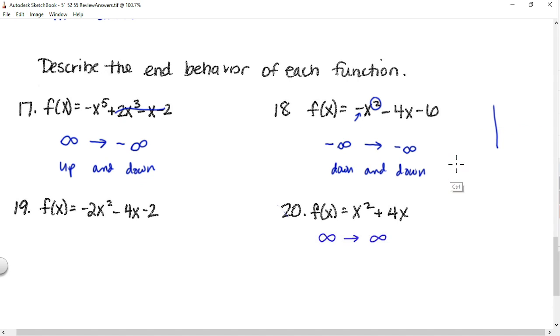Look at these last two. What's the end behavior of this one? Look, just like the other one. We have an even exponent and we have a negative term. So it's going to be the same.